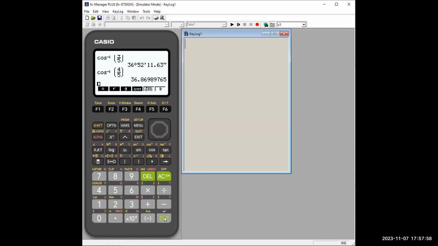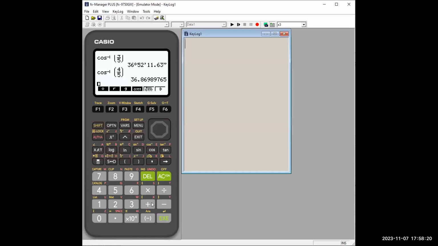When you use this inverse button, the calculator only gives you one answer, and we know there's two answers. We know there's an answer in quadrant 4. So what you have to do is understand the relationship. How do I get from quadrant 1 to quadrant 4, because cosine's positive in quadrant 4.